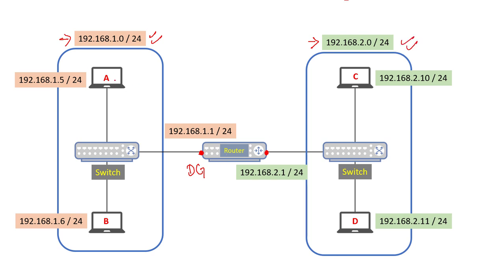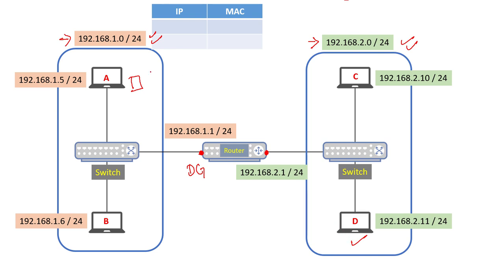For example, device A wants to send some data to device D, which is this one. It means it is a different network. So the first operation that device A will do is check in its ARP cache whether it has an entry for the default gateway, because now it's going to the outside world, to a different network.